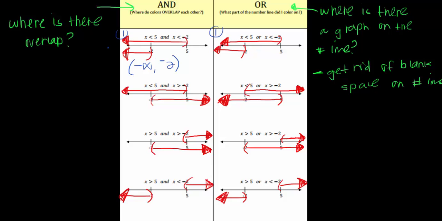So we could notate this interval by saying it's from -infinity to 5. And we get a parenthesis with the 5 because the graph had that parenthesis. And you can note that on my notes I wrote get rid of the blank space. Well, that's sort of what I did. I said, where is there a graph? And by notating where there was a graph, that blank space is not accounted for.